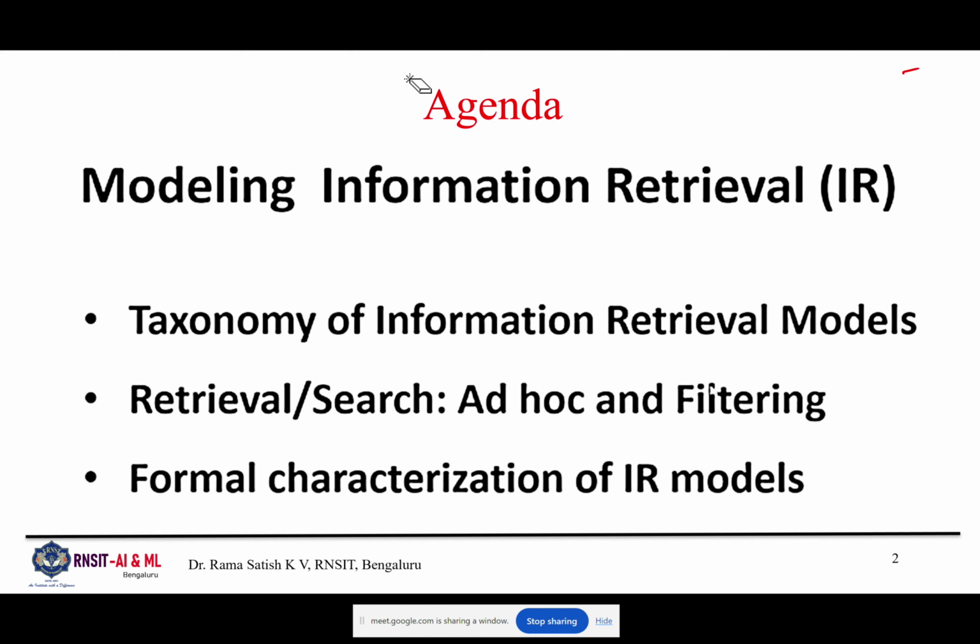In order to retrieve the information we need models, to model the entire storage structure and also to model our query and retrieve the data. Then retrieval as well as search during ad hoc filtering, and the formal characterization of information retrieval models. These are the three things lined up for today's agenda.